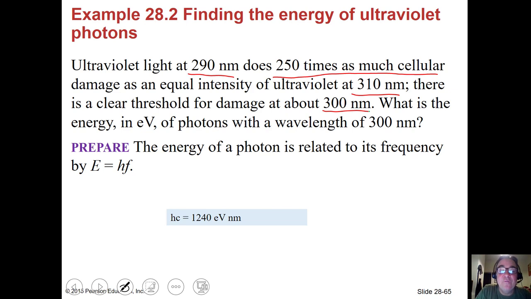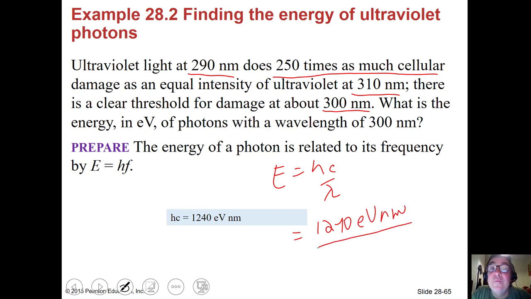Okay, so let's use our little shortcut here. Energy equals hc divided by the wavelength. Now I'm going to use hc of 1240 eV nanometers. You could plug in h, plug in c, plug in the wavelength. You could do it that way, and you get a perfectly good answer.